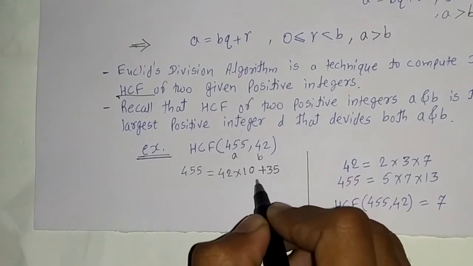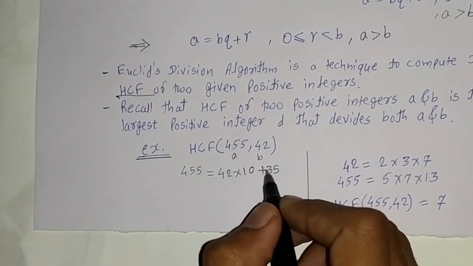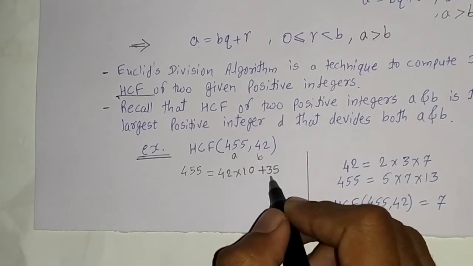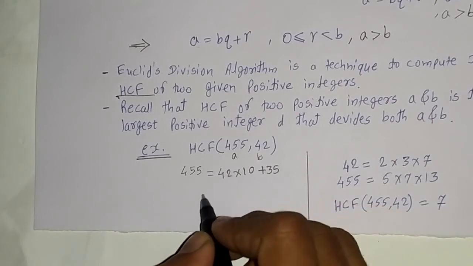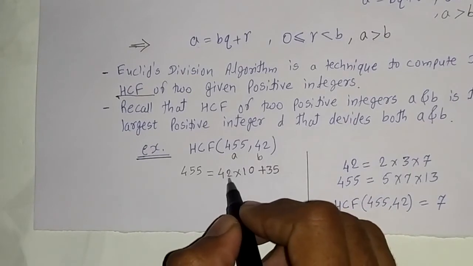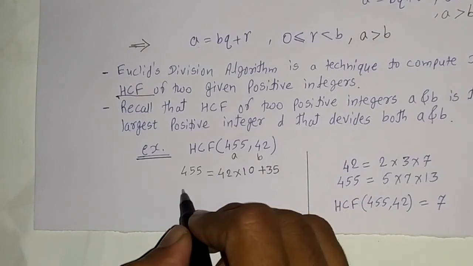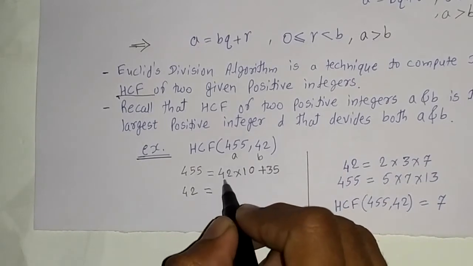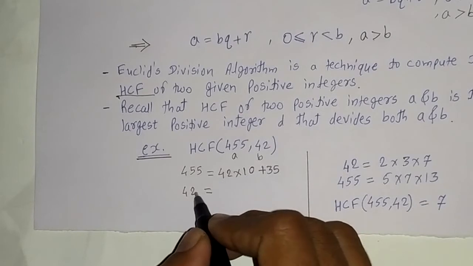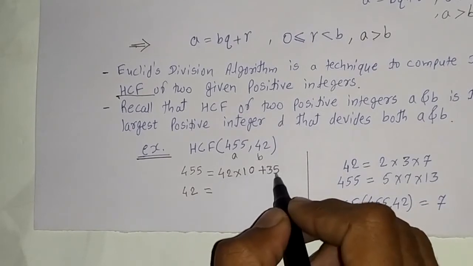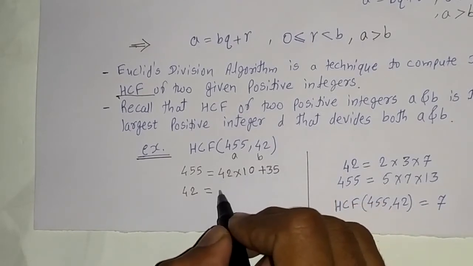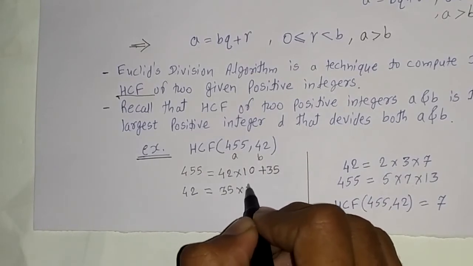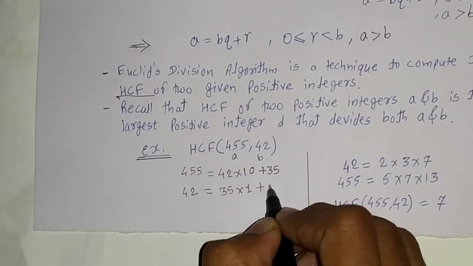Now how to apply this theorem? We have to keep on applying this theorem until we get the remainder as 0. So in second step, what will be our dividend? It will be 42. In second step, you have to take the divisor as dividend and remainder as the divisor. So it will be 35 into 1. What will be remainder?